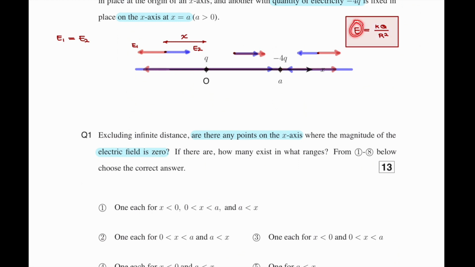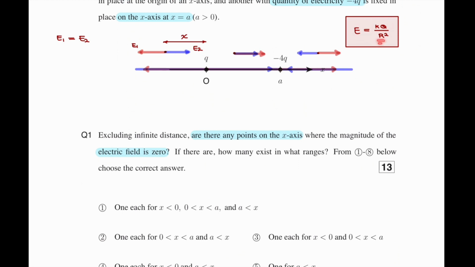Capital E is electric field, k is a constant. The constant is 9 times 10 to the power of 9. Q is the charge that produces the field, and r is the distance from the charge to the position where we want to find the field.